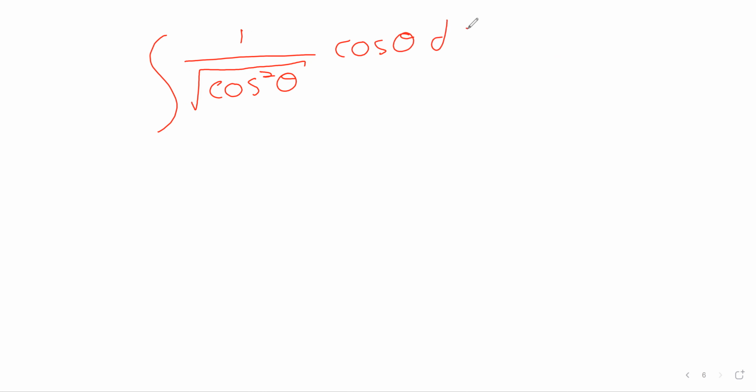For a while, it must have seemed like I was lying to you when I said that stuff was going to simplify, but the square root of the cosine squared is the cosine.